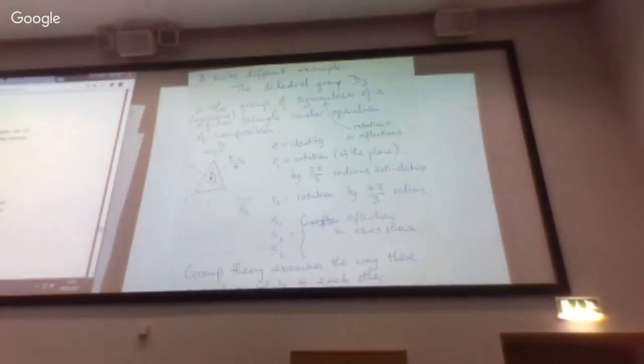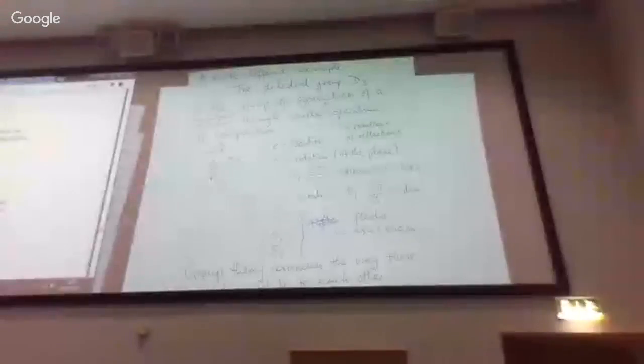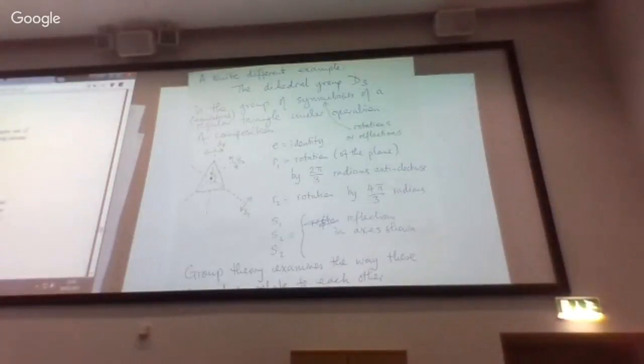The regular triangle has 6 basic symmetries. The identity transformation, the transformation of the plane which does nothing, it sends every point to itself. That is a symmetry of the triangle because you'll still be left looking at the same triangle. If you rotate the triangle a third of a turn anti-clockwise, say, about its center, you'll still be looking at the same triangle.